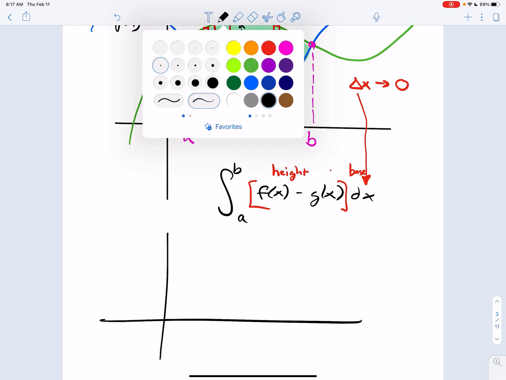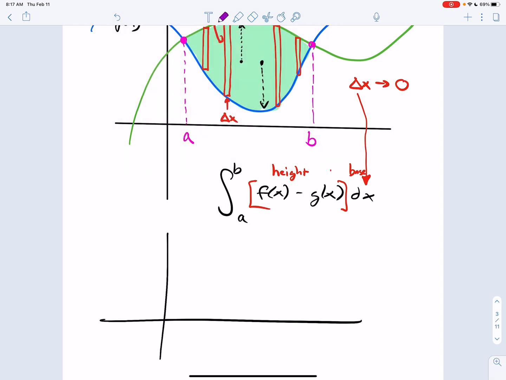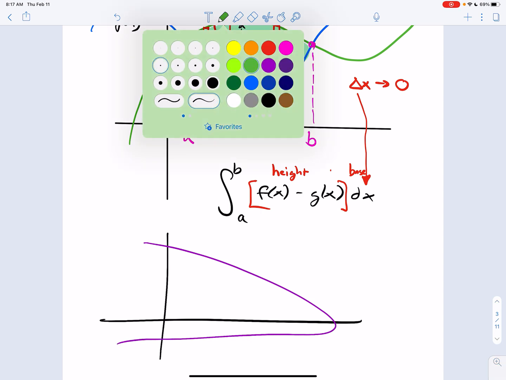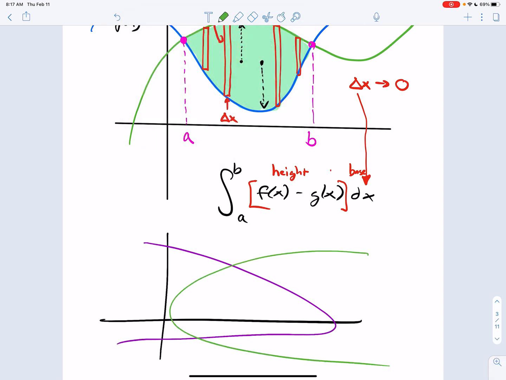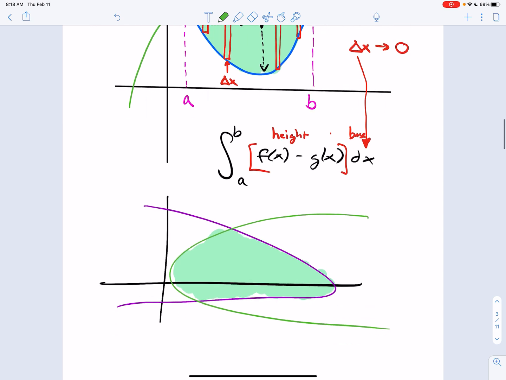if you had something that looks like this? I'll roughly color in the shaded region, and you can roughly sketch this one too. The issue is, if you stand anywhere in that region, what is your top and bottom?